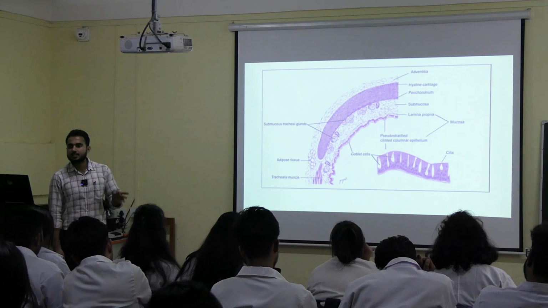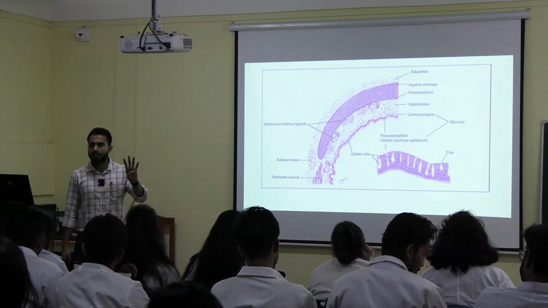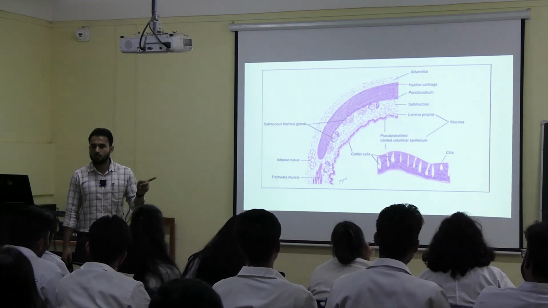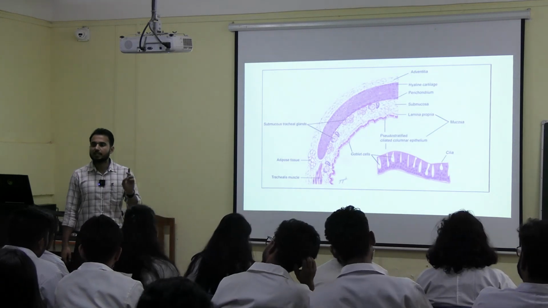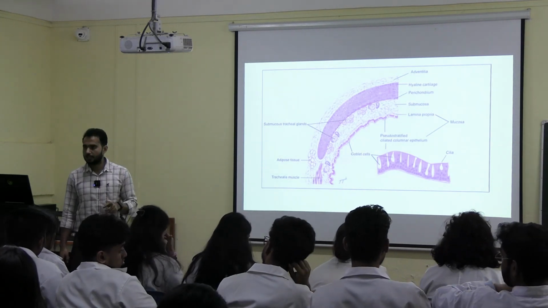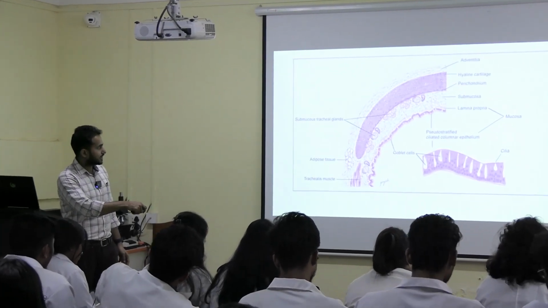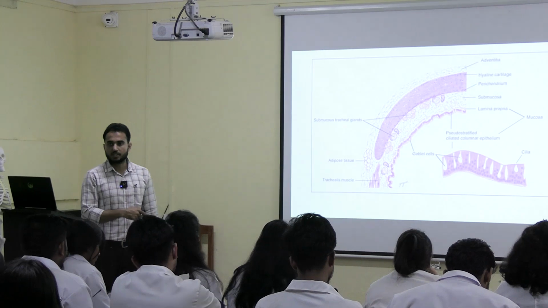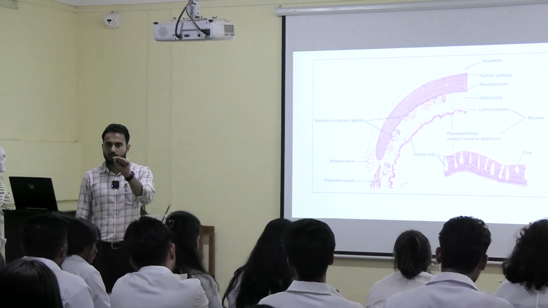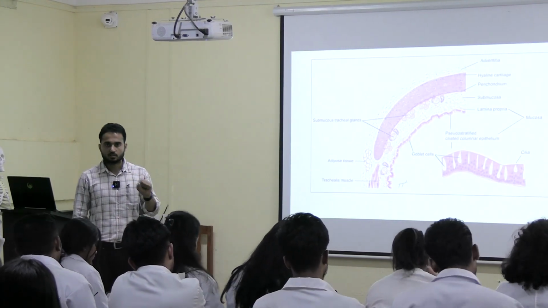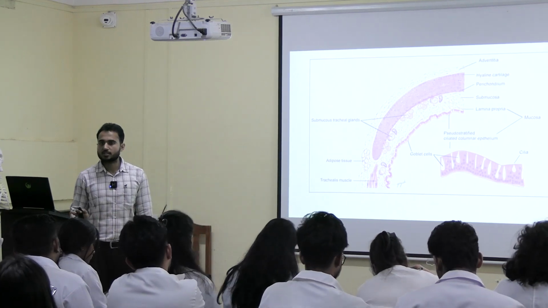So how many layers are there in the trachea? 4 layers are there. What is the first? Mucosa. In mucosa, mainly what you have to see? The lining epithelium. So can you see the lining epithelium? In lining epithelium, can you see some small empty spaces? These are nothing but the goblet cells.